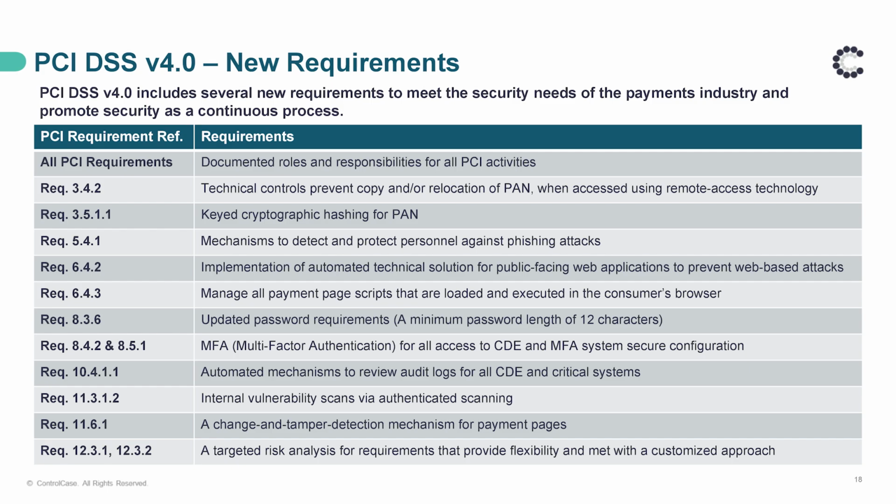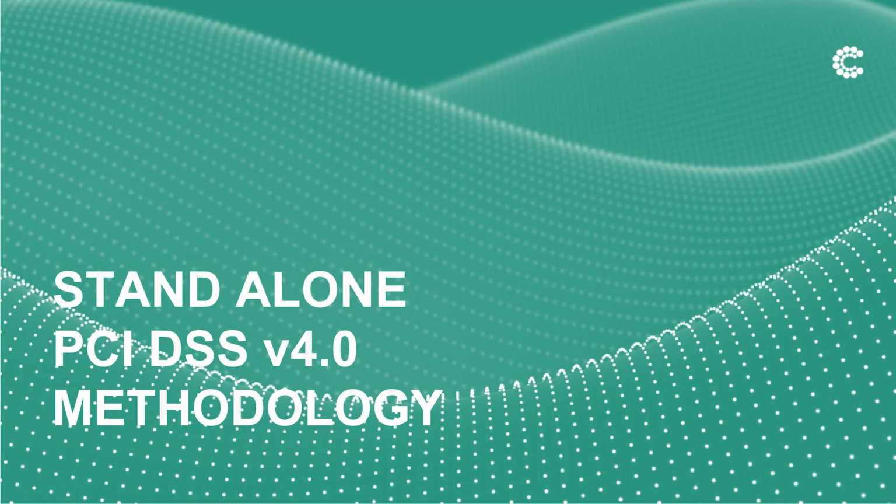And the last example is requirement 12.3.1, 12.3.2, targeted risk analysis for requirements that provide flexibility in terms of frequency, like the example we took of anti-malware scan earlier, and all the requirements which you decide to meet with the customized approach, even that requires its own risk assessment. So these are a few examples of DSS 4.0, and that will give an idea of what the changes are, right? And in a few cases for an organization, there are major changes.